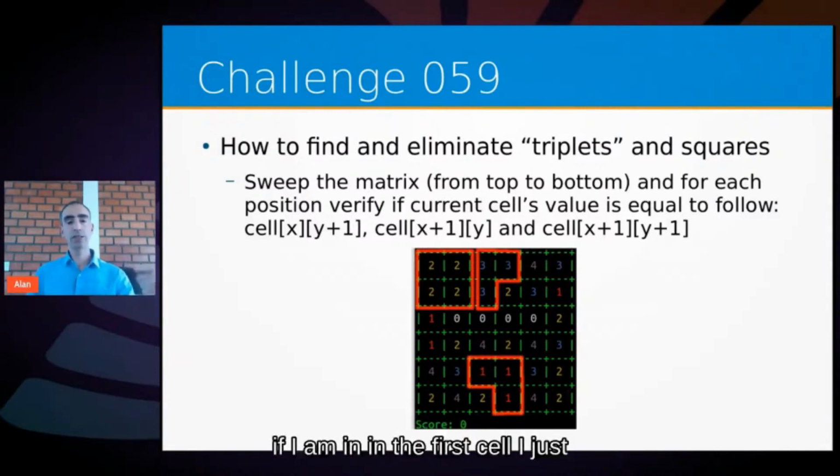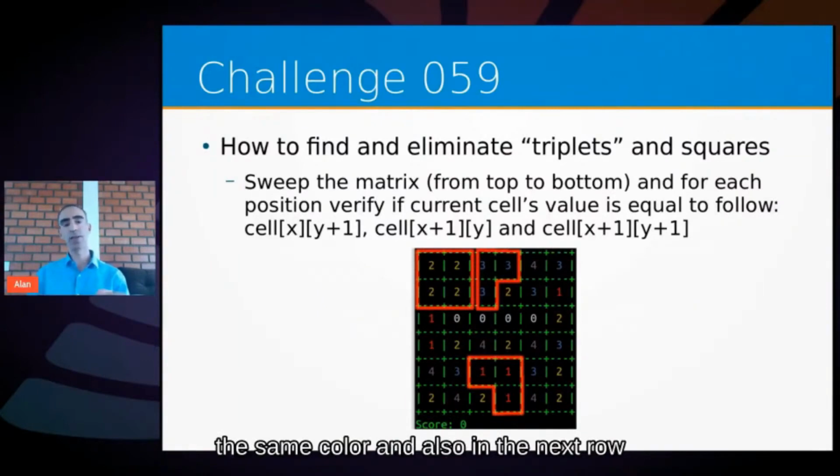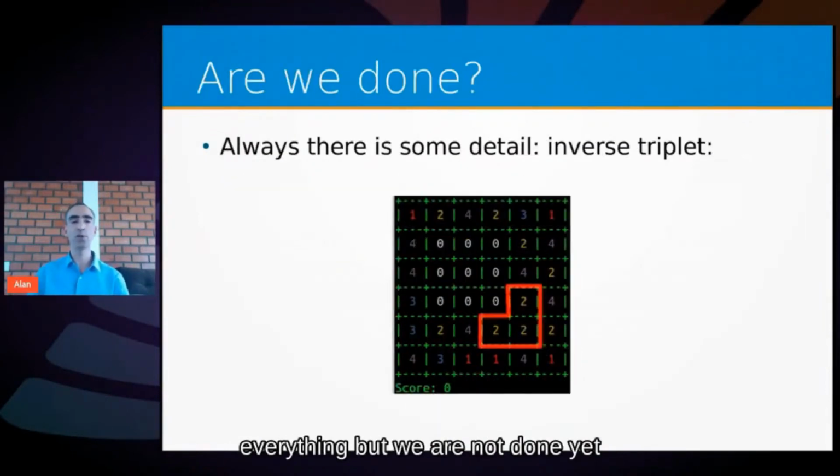If I am in the first cell, I just verify if the next horizontal cell is the same color, and also if the cell in the next row is the same color, and also the cell in the next row and next column is the same color. So I validate almost everything, but we are not done yet.